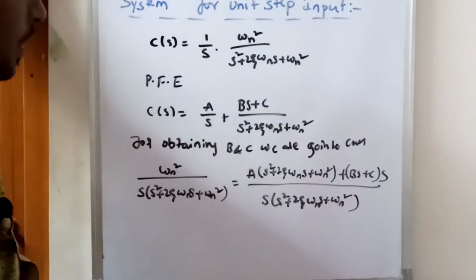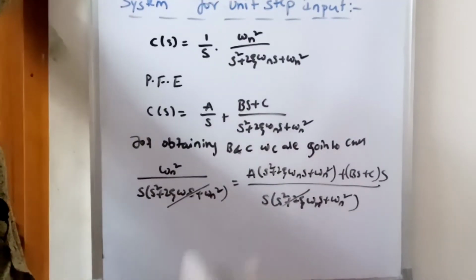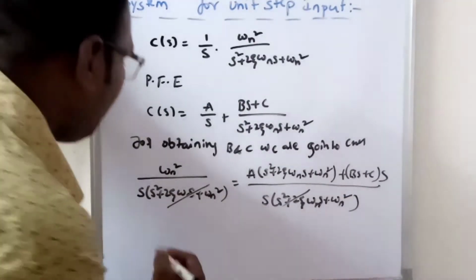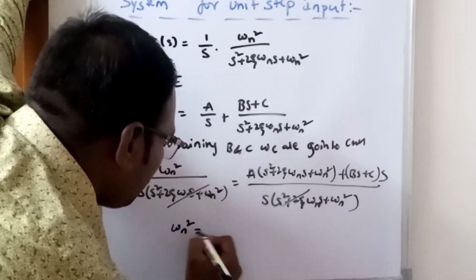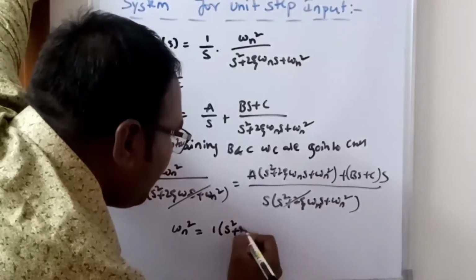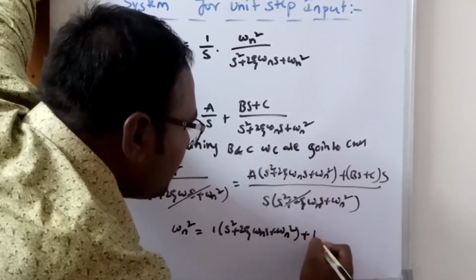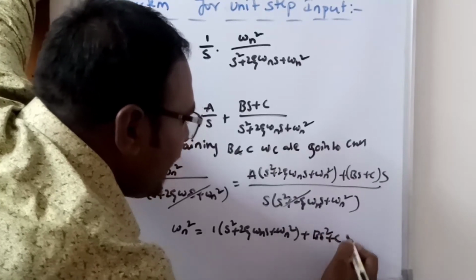The denominators get cancelled, and substituting a equal to 1 as we obtained before, omega n square is equal to 1 into s square plus 2 zeta omega n s plus omega n square plus bs square plus cs.